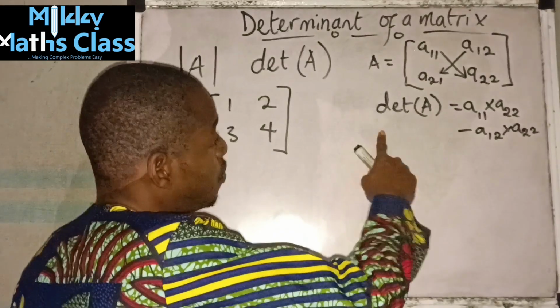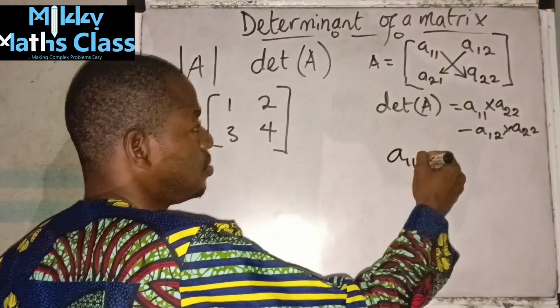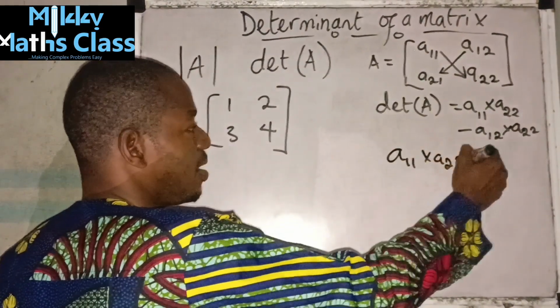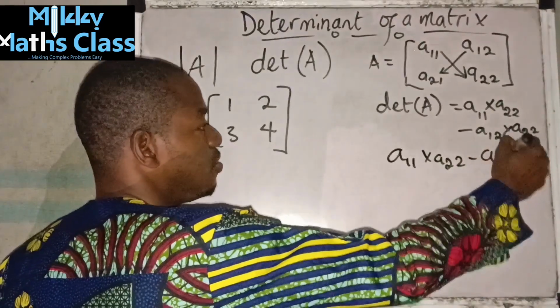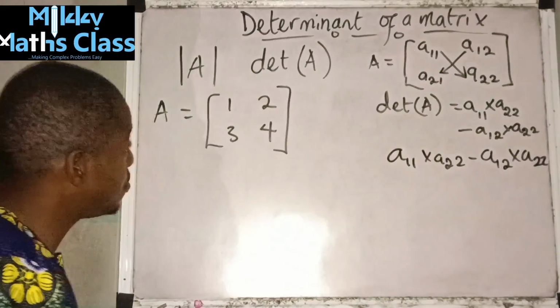So the determinant of this matrix is A11 times A22 minus A12 times A21. So that's the determinant.